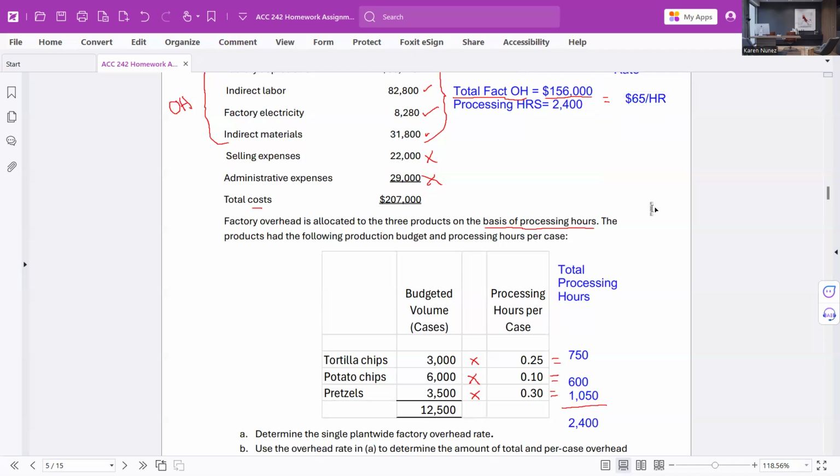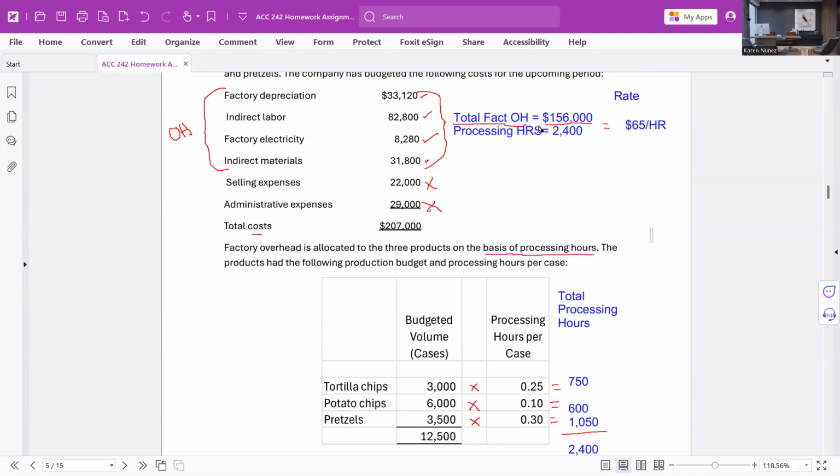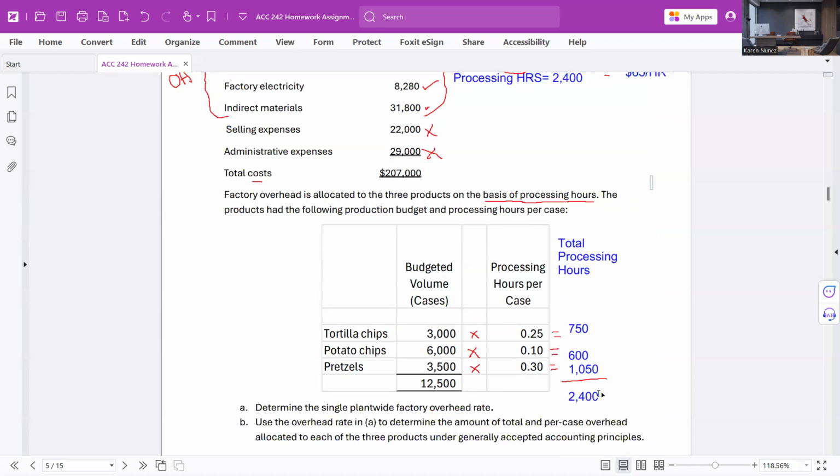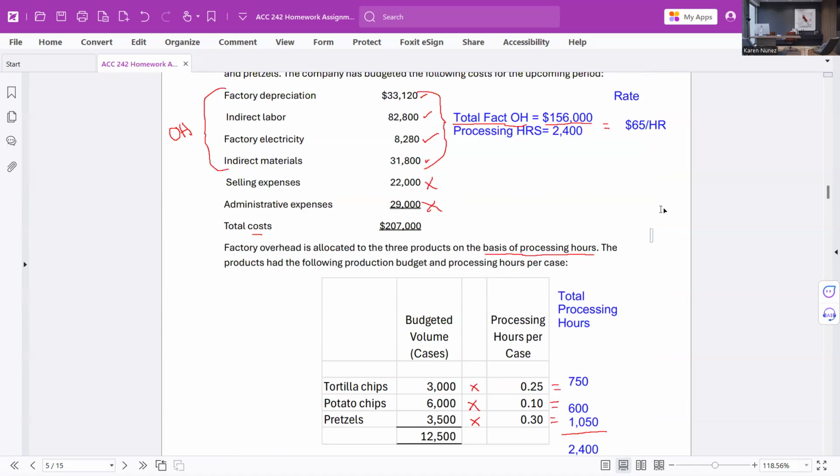That's our rate. That's our overhead rate, right? For the tortilla chips, the potato chips, the pretzels, we need to assign the overhead using a single plant-wide overhead rate of $65 per hour. Total overhead of $156,000 divided by 2,400 processing hours gives us a rate of $65 per hour.